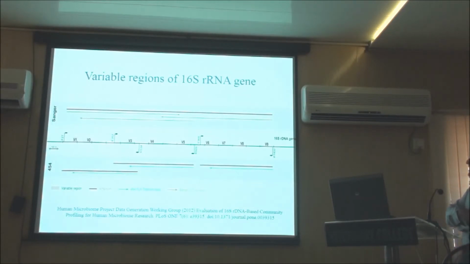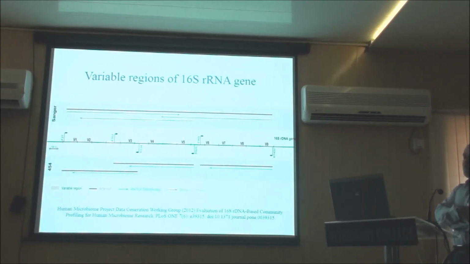So you can see very nicely there are 9 hypervariable regions, and in between there are conserved regions. So for us it's a very good opportunity that it is then possible to amplify any single hypervariable region or a combination of two hypervariable regions making use of the conserved regions.